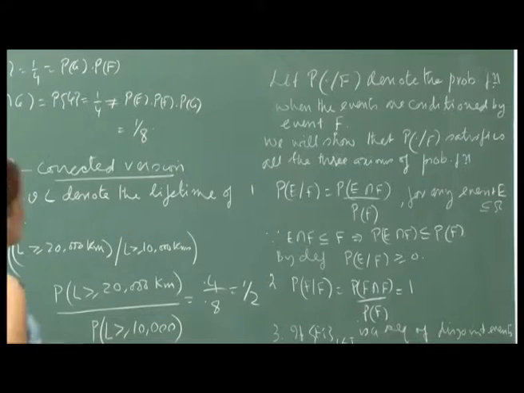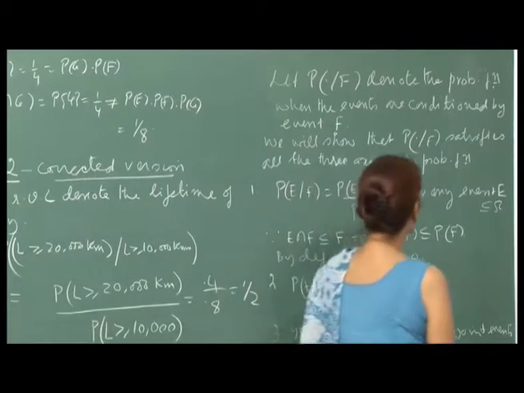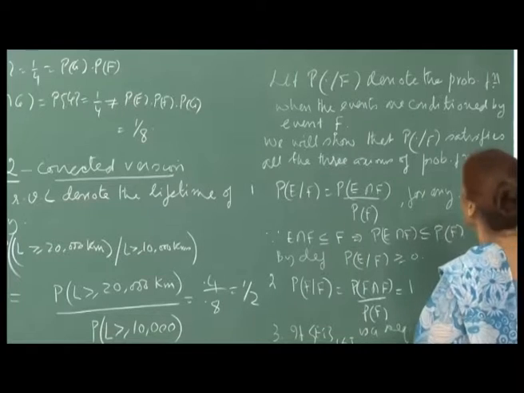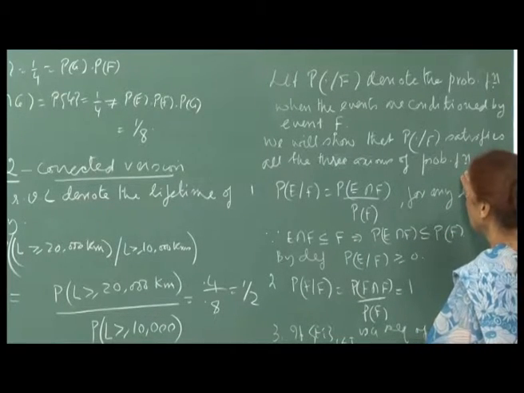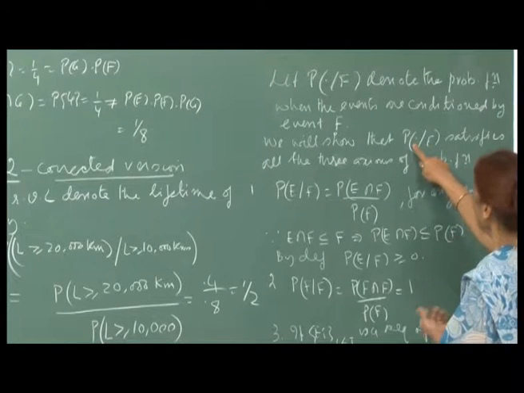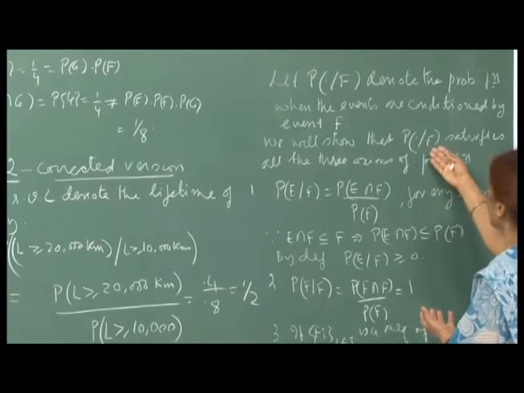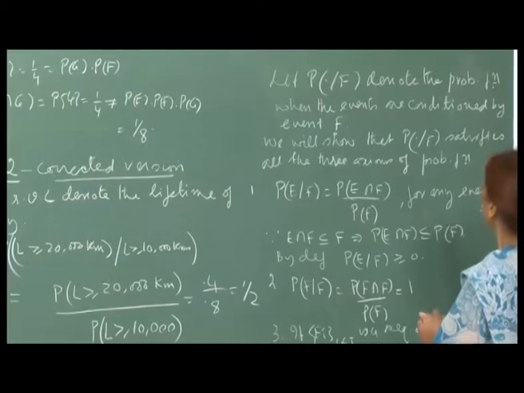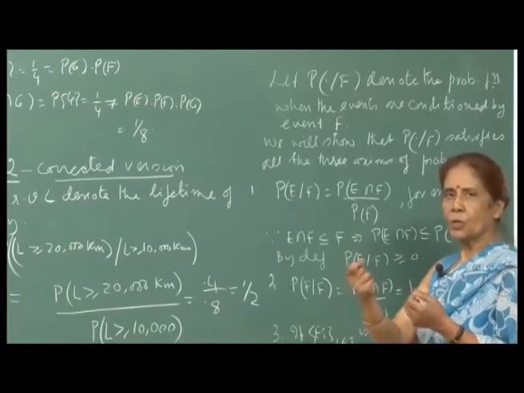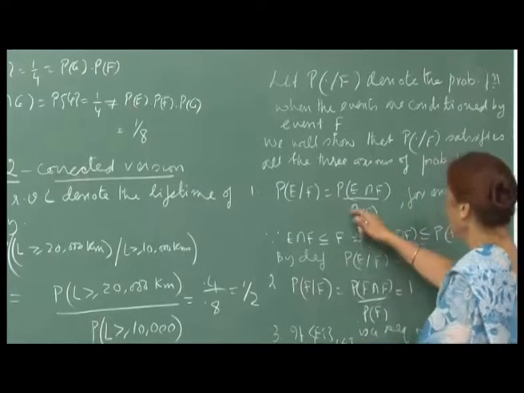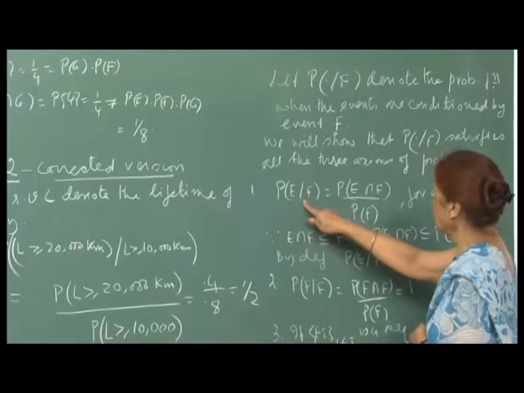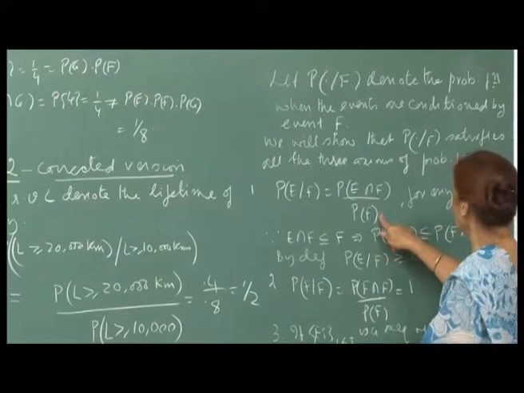It is not too difficult to show. The first axiom requires that for any event E, the conditional probability with respect to F must be within 0 and 1. So, if you take the probability of E conditioned on F, then by definition it is this.